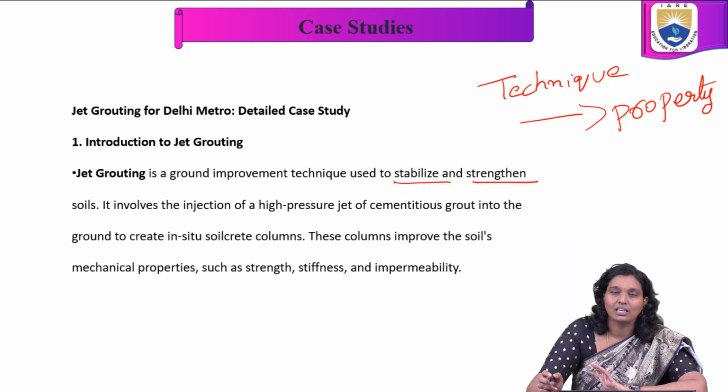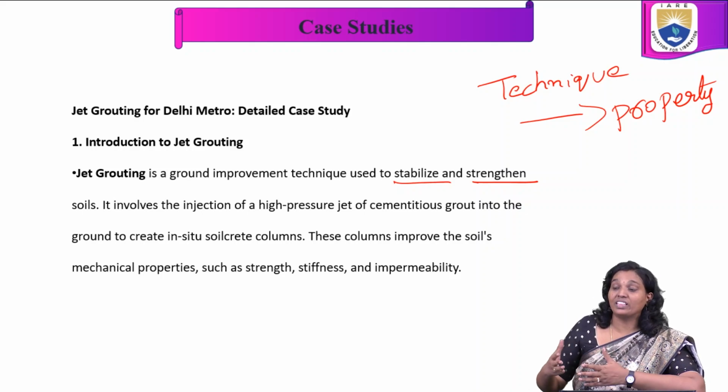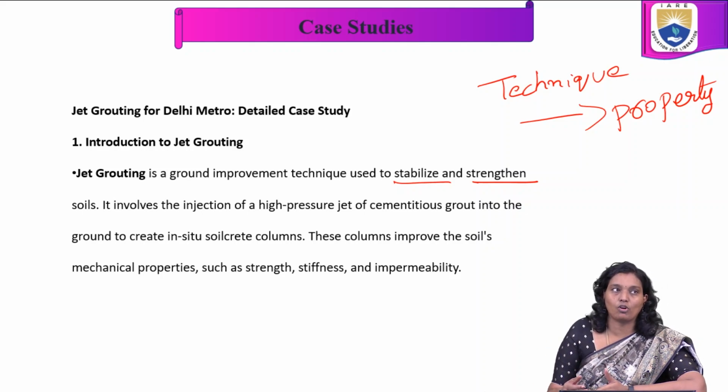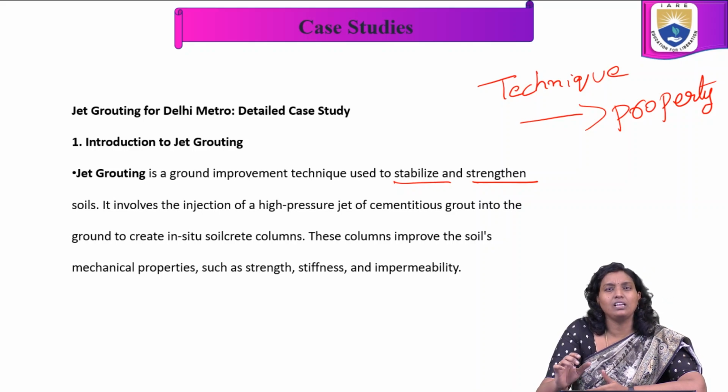How do we do this jet grouting? Is it an injection process, is it a mixing process, what kind of technique is it, and how are we implementing it for getting the desired property of the soil?